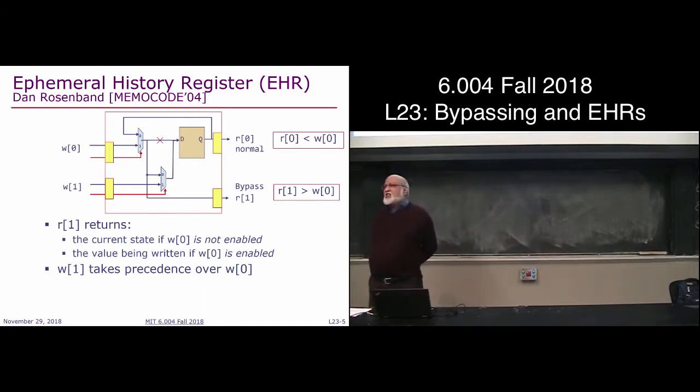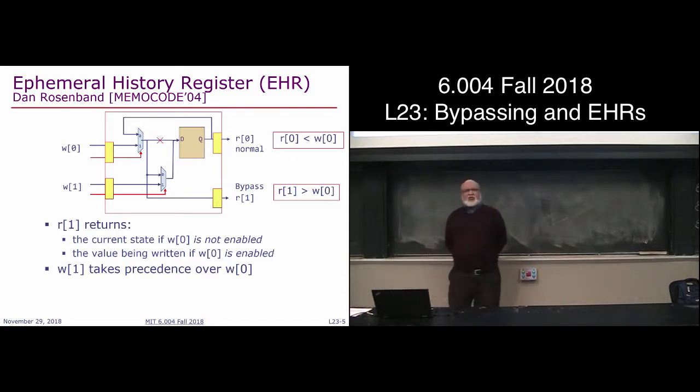So you have to understand the behavior of this circuit. When neither W0 nor W1 is enabled, somebody tell me, what do reads look like in that case? You just get R0. It'll be the old value, whatever was stored in the register beforehand. That's what you will see.